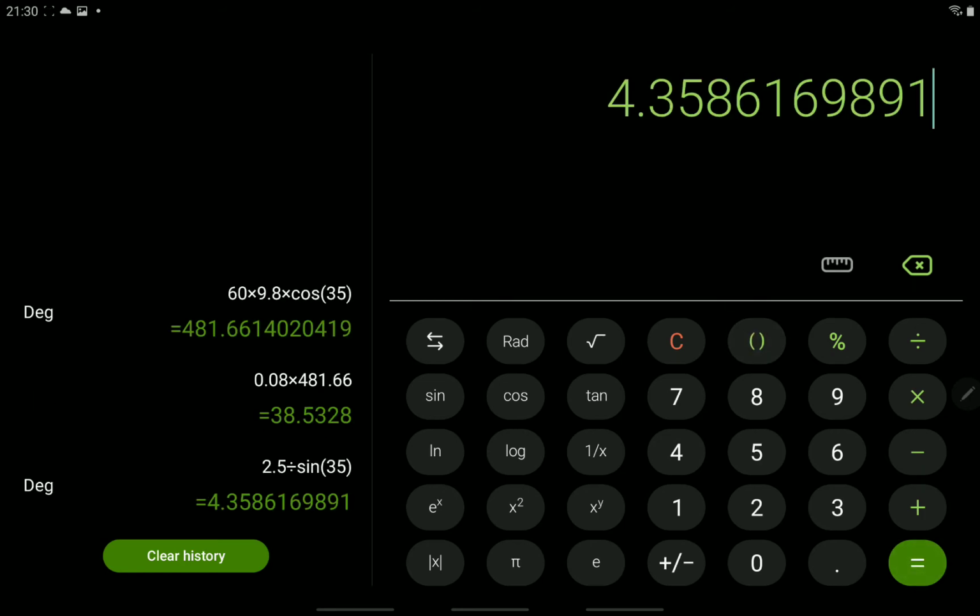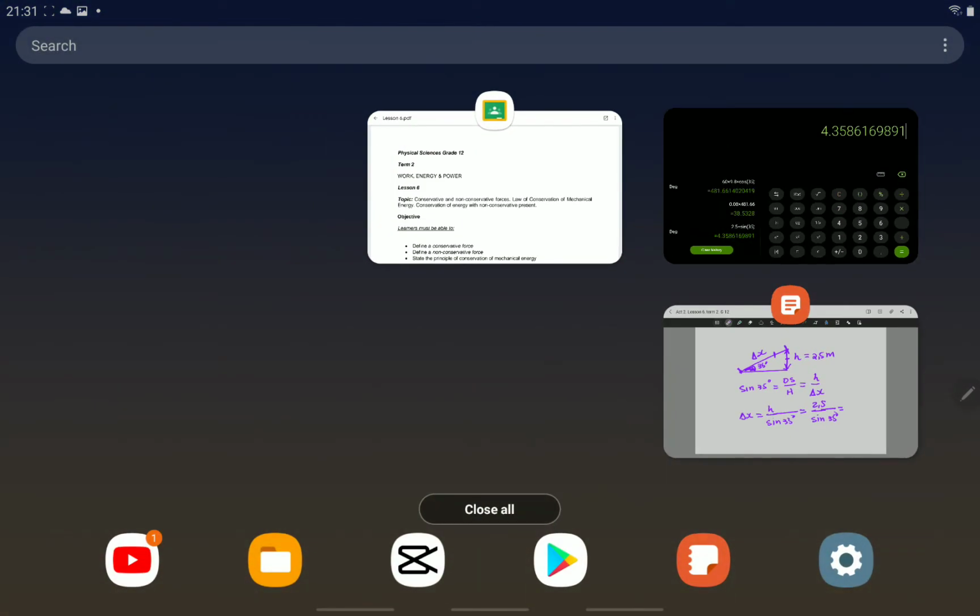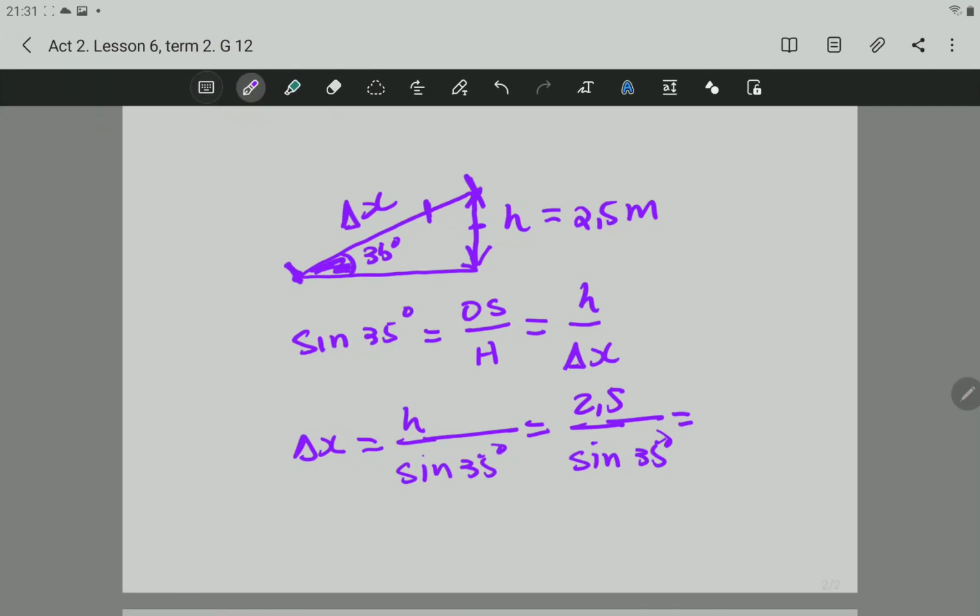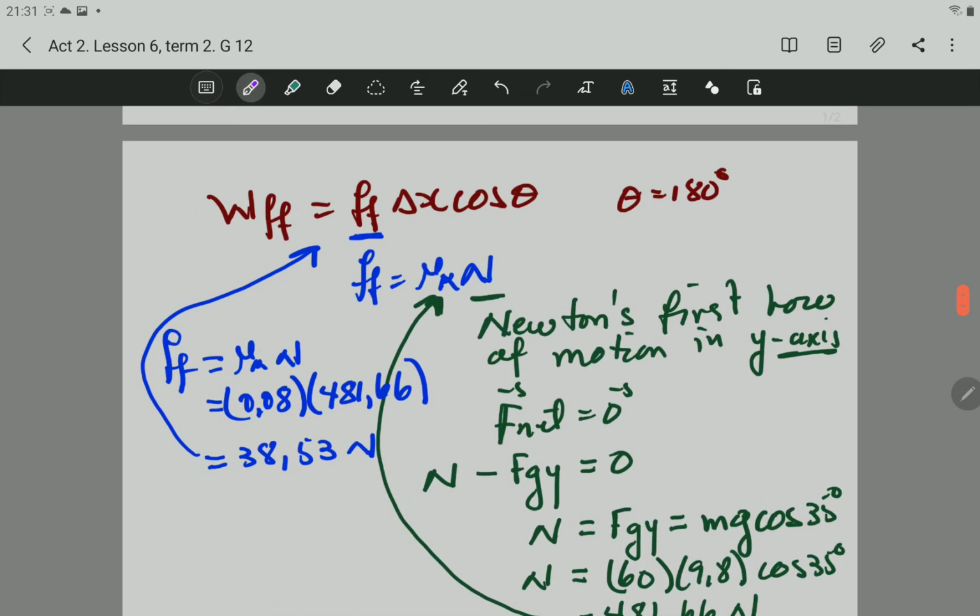That gives me 4,3586. So we're going to round off to two decimal places, which will be 4,36 meters. This is the displacement the object is going to cover, and that number is going to be substituted in the equation of work done by the non-conservative force or the frictional force.